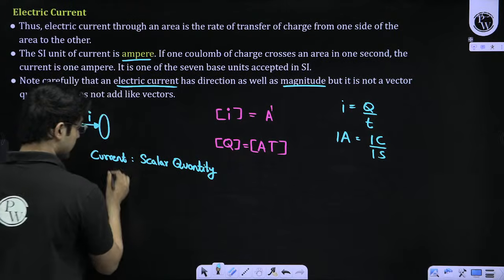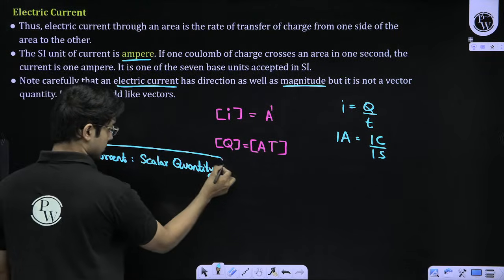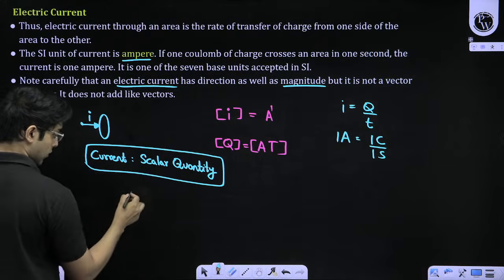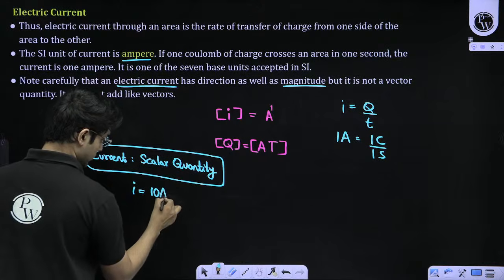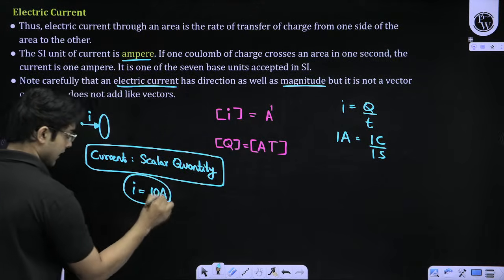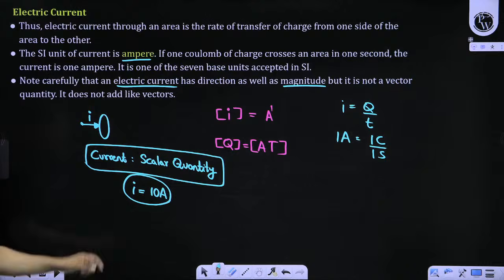You will never see it represented as a vector. To represent a scalar, you only need the magnitude, like 10 amperes or 10 milliamperes. You will never see a current represented as a vector quantity.